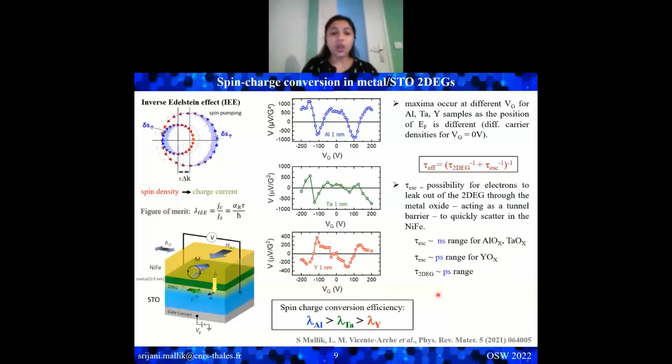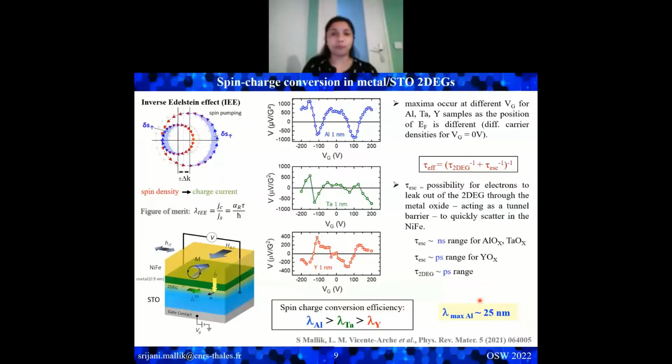So this is why we got the highest spin to charge conversion efficiency in the case of aluminium, and depending on the gate voltage, the maximum we got is 25 nanometer, which is pretty large and much larger than the values reported for topological insulators or other interfaces like platinum, let's say.